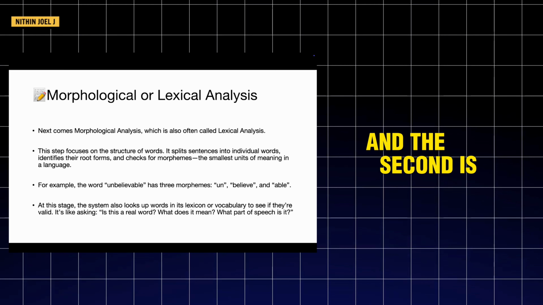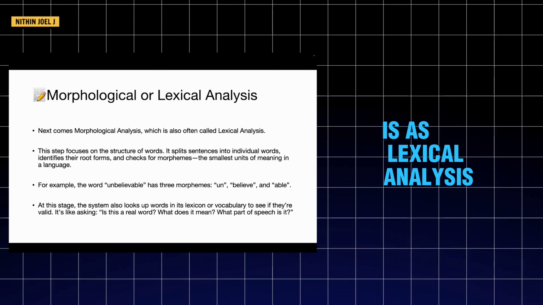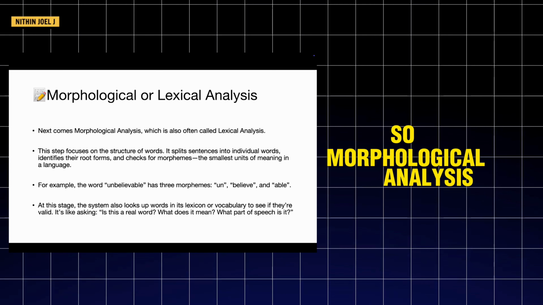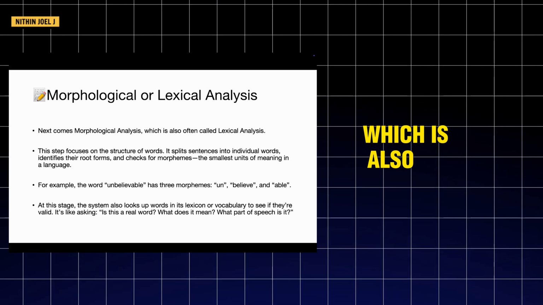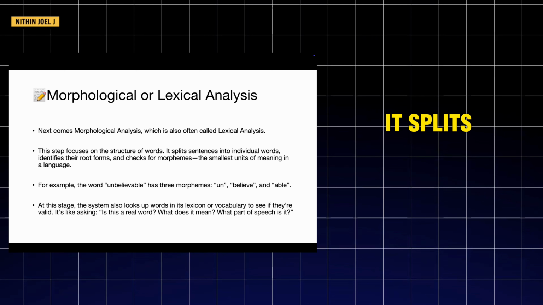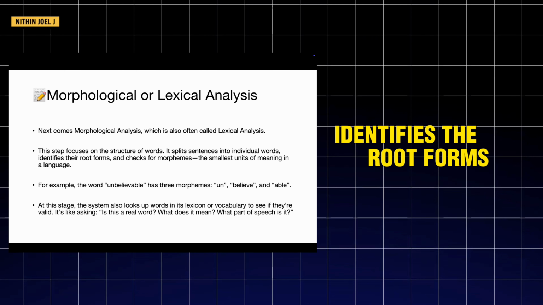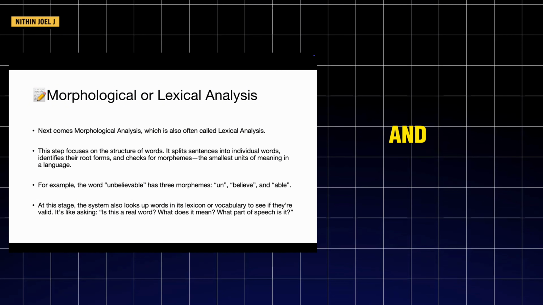And the second is morphological, or you can say lexical analysis. Morphological analysis, which is also called lexical, focuses on the structure of words. It splits the sentence into individual words, identifies the root forms, and checks for morphemes, the smallest units of meaning in a language.